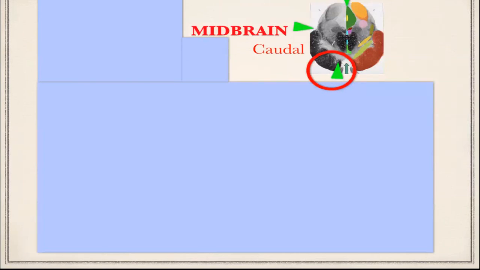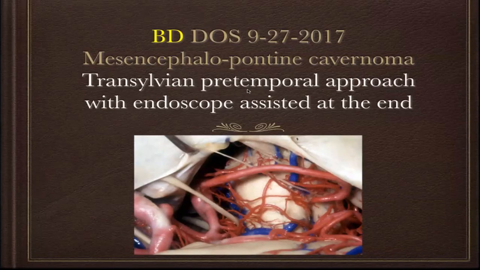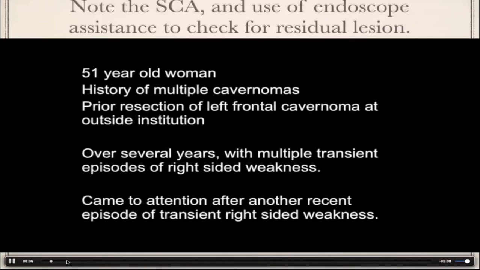Another example of a midbrain cavernoma, a mesencephalopontine cavernoma, where I used the transsylvian half and half approach. I will show you this case mostly to show you the use of the endoscope at the end. I think for speed, I will probably just show you the MRI.